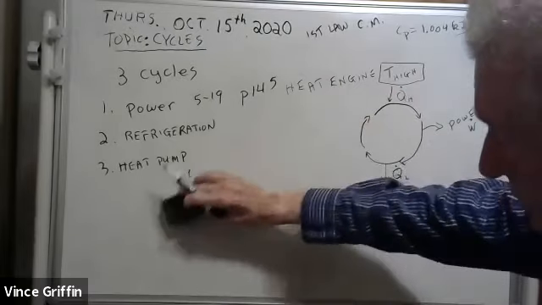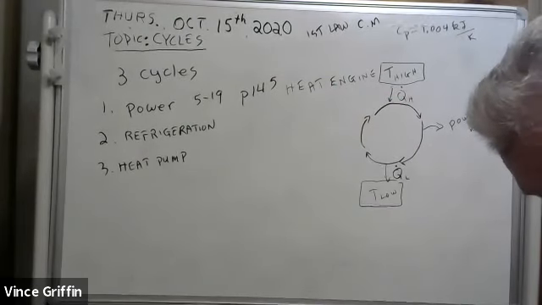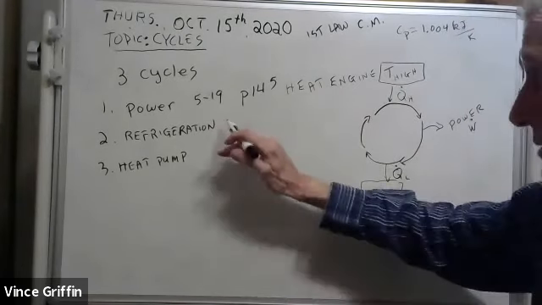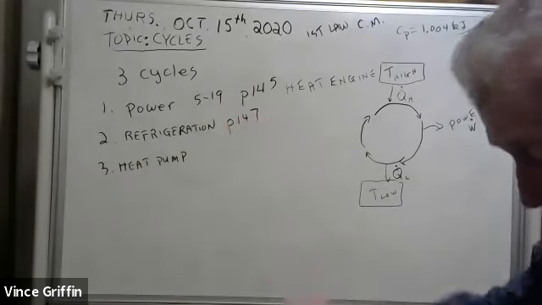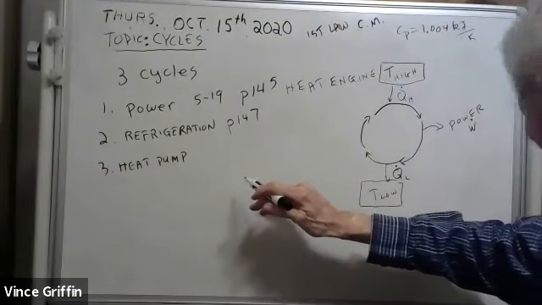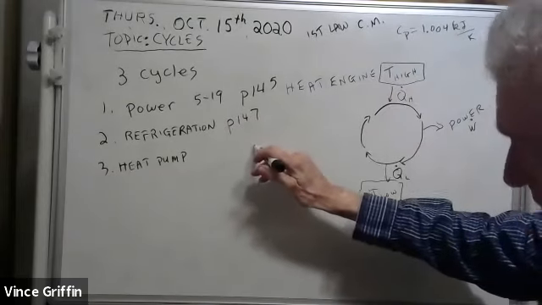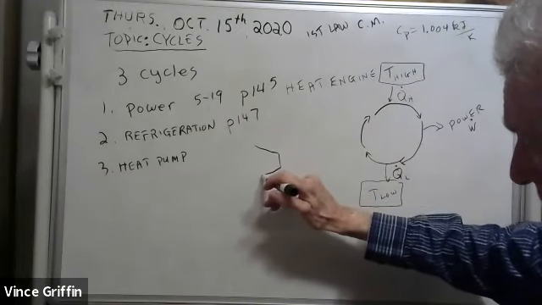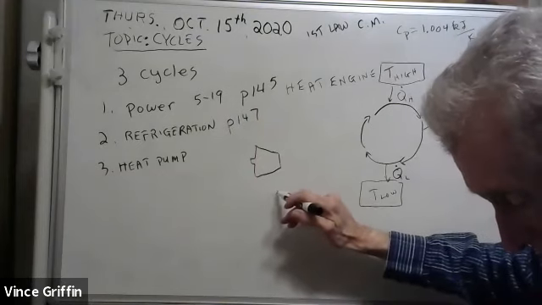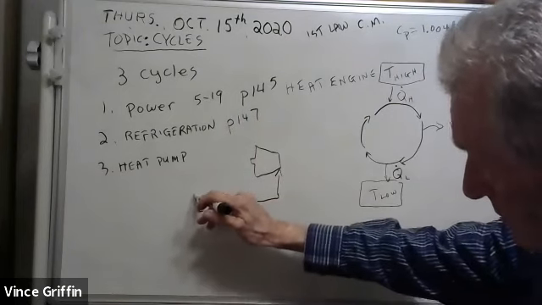Now a refrigeration cycle, let me find one of those. Here's one here. This is on page 147. And they drew a compressor. They didn't draw this compressor right, but I'll forgive them. And here's your evaporator.